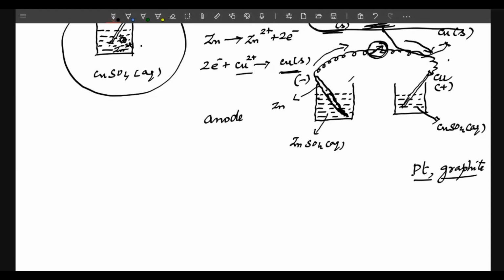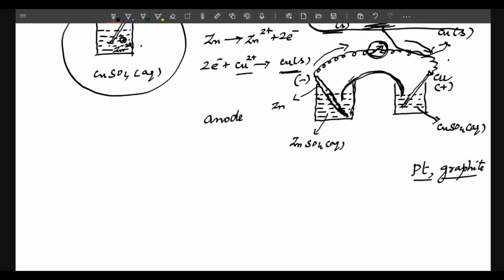Because electricity would be passed only if the circuit is completed. Here we have not completed the circuit. There should be a joining between these two sides. Without joining this, no current is passed.